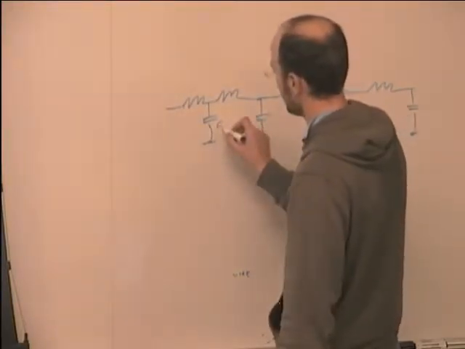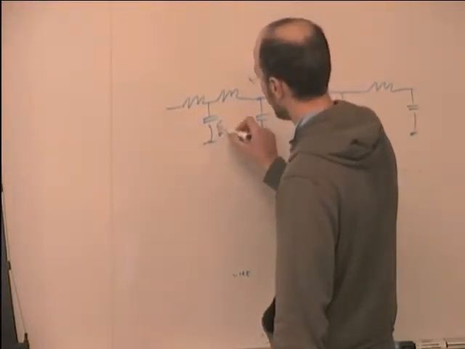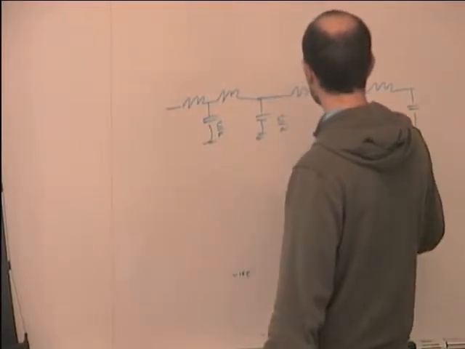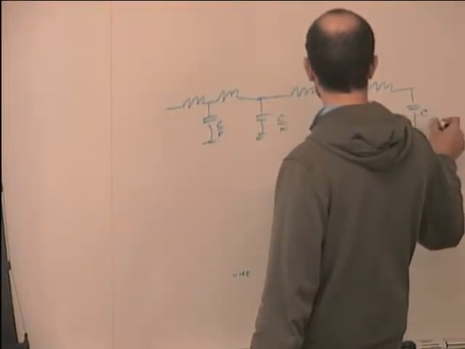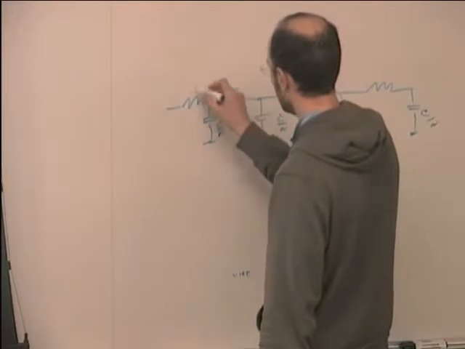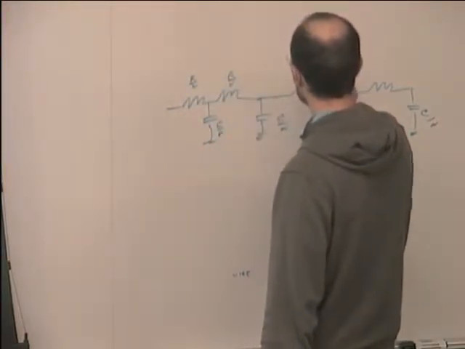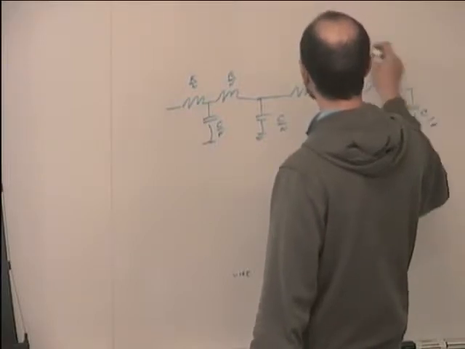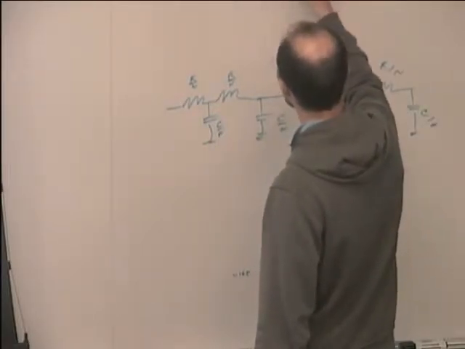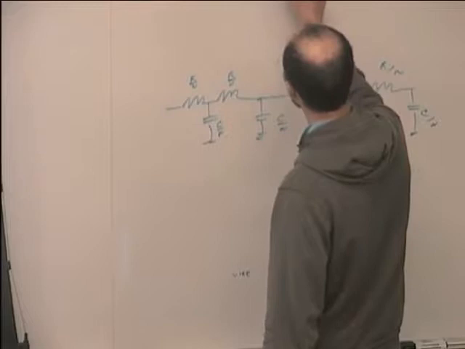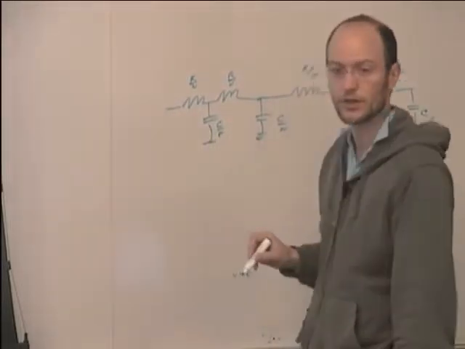So this will be C over n, C over n, C over n, and this will be R over n, R over n, R over n, where R is equal to small r times L, and C is equal to small c times L.